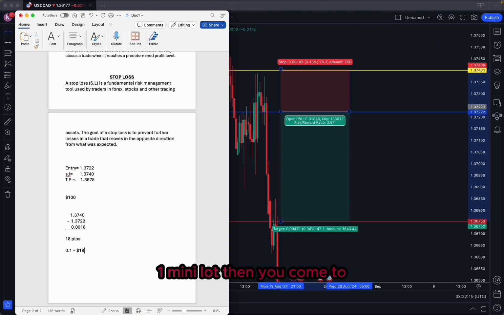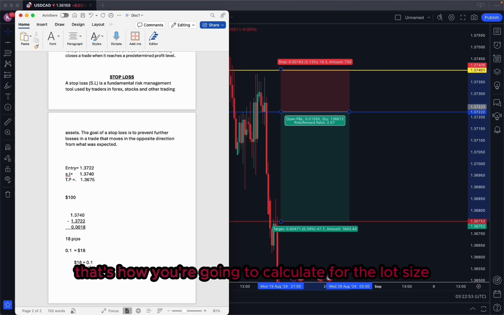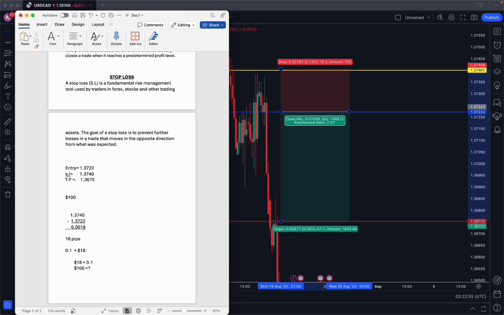So now that you know how much you're going to make with 18 pips by entering 1 mini lot, if this $18 gives us 0.1 lot, then how much would $100 give us? That's how we calculate the right lot size for the trade.